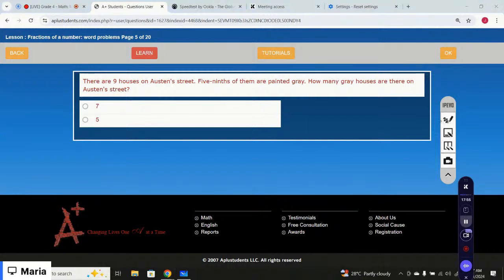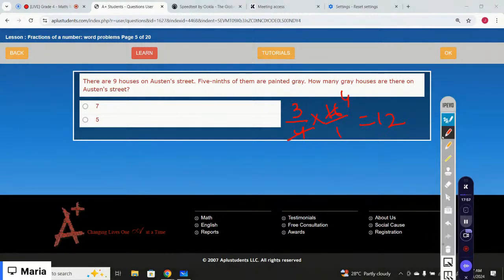So you have to do 5/9 times 9, right? That is 5. So that means 5 of the houses on Austin's street are gray.